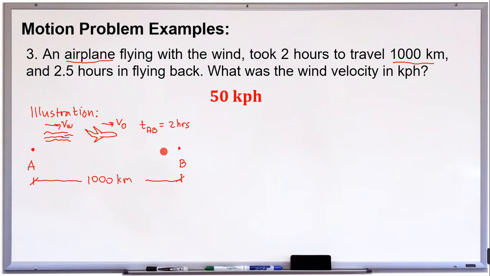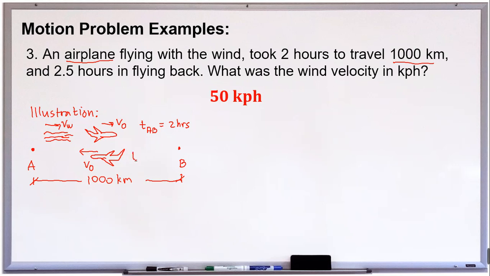Now, if it travels back from B to A, so for the second case, the direction of its velocity is towards the left. So this is our VO, and this one is against the direction of our wind, which is towards the right.